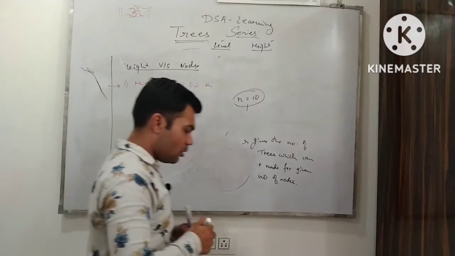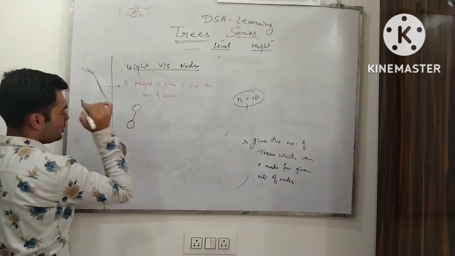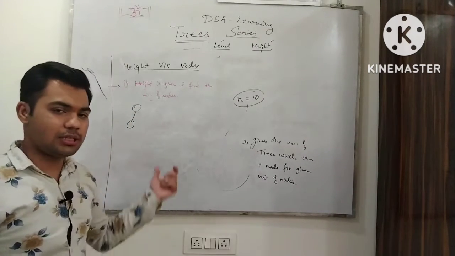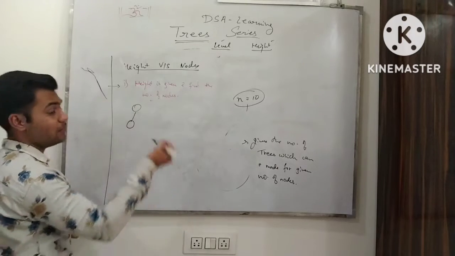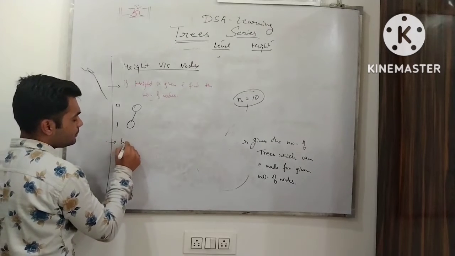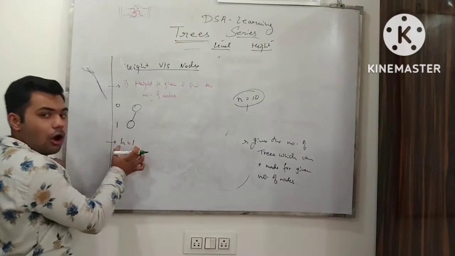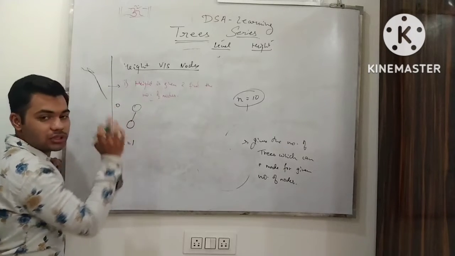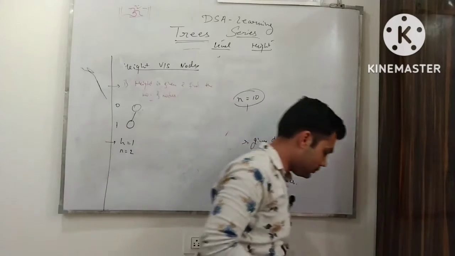So how can we calculate? For example, if I draw like this, what is the height of this tree? Height starts from 0 and then 1, so height is 1. For height 1, how many nodes are there? The number of nodes is 2.